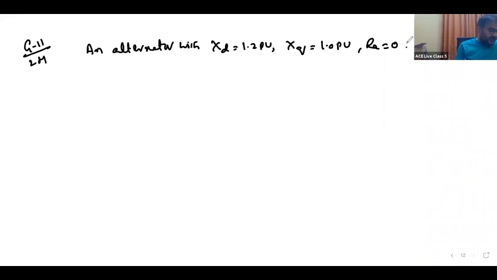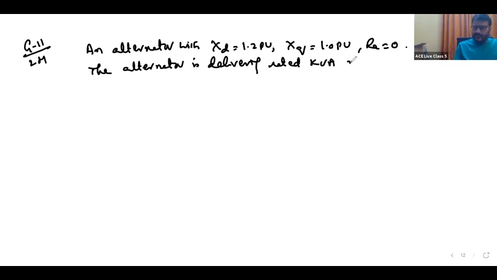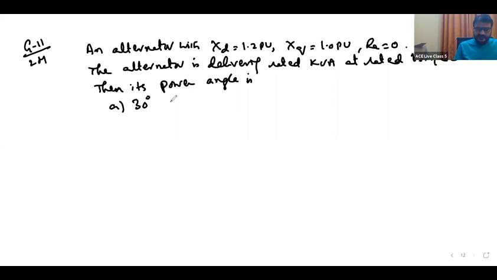If the alternator is delivering rated kVA at rated voltage at UPF, then its power angle is: A, 30 degrees; B, 45 degrees; C, 60 degrees; D, 90 degrees.